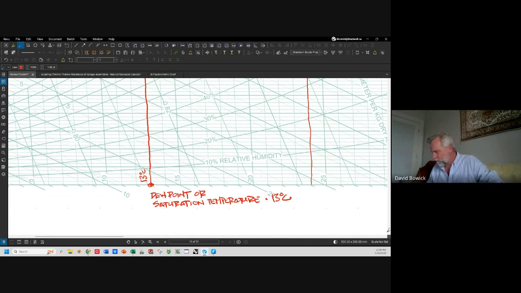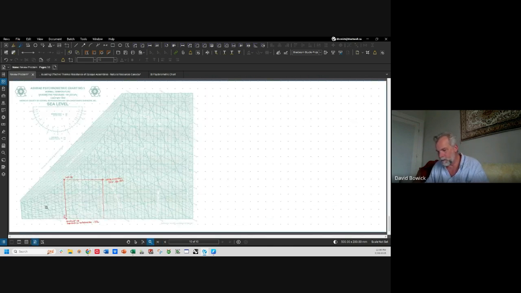So if we have 24 degrees and 50% relative humidity, we're going to get condensation at a relatively high temperature. I have to admit that this is intuitively higher than I expected, but that's where it is. So 13 degrees is our dew point or saturation point of our air.